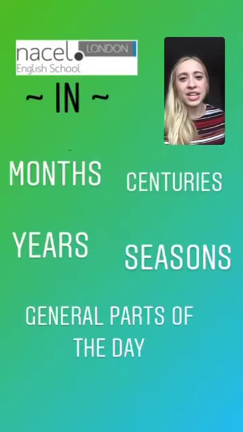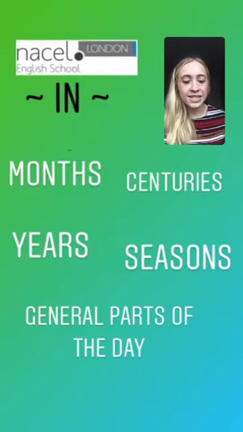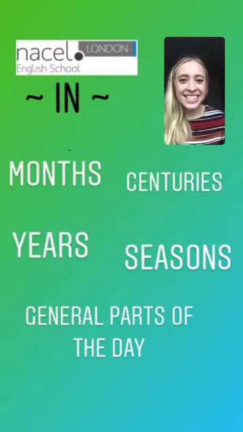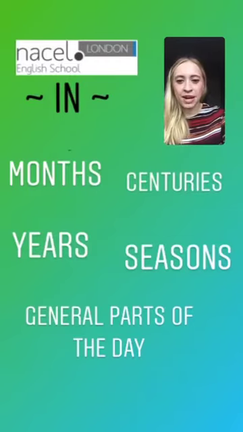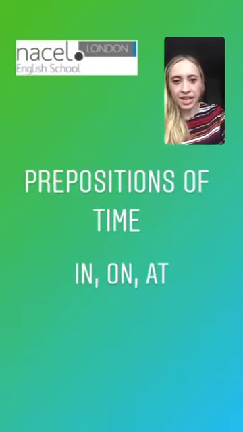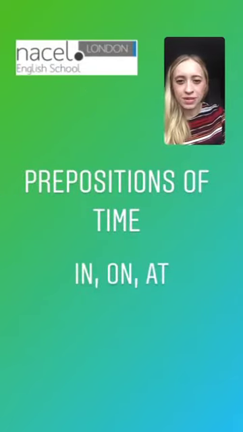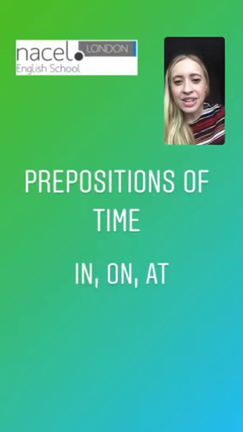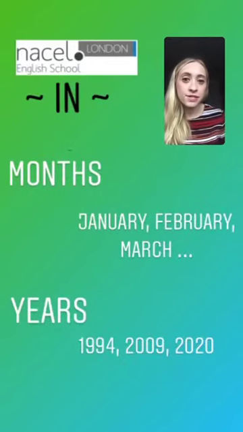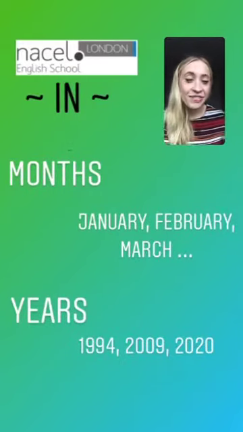So the first one we're going to look at is in. We use in for months, centuries, years, seasons, general parts of the day. So let's have some examples. For months it's very obvious: January, February, March.